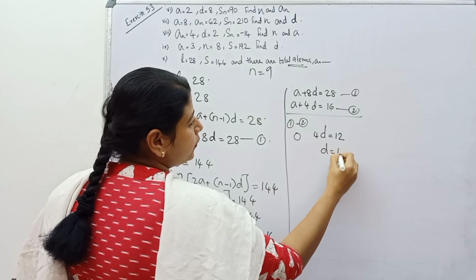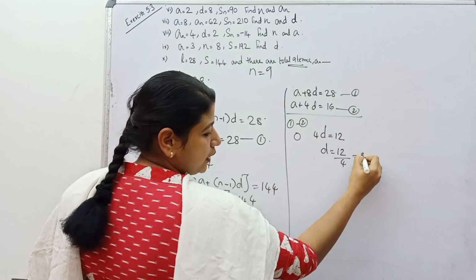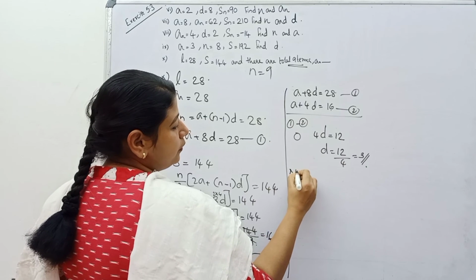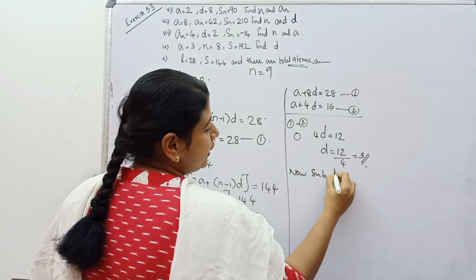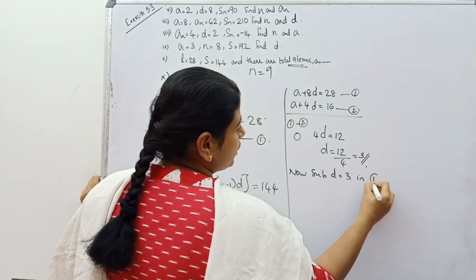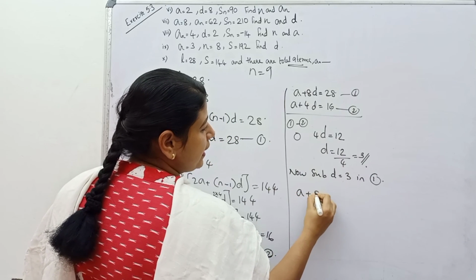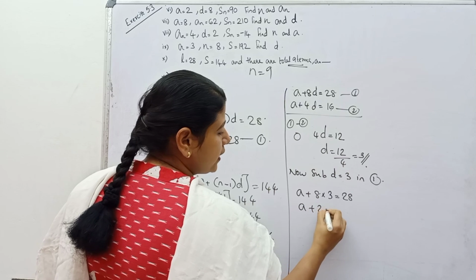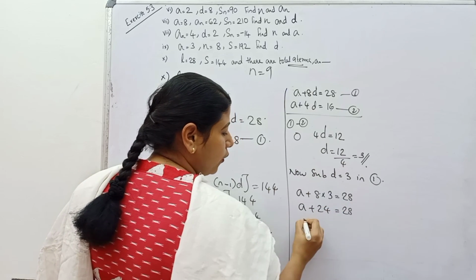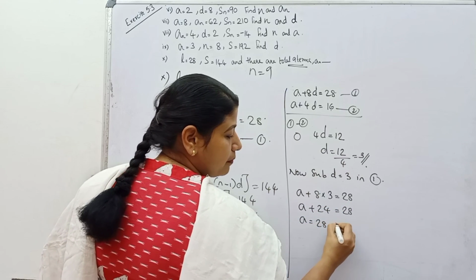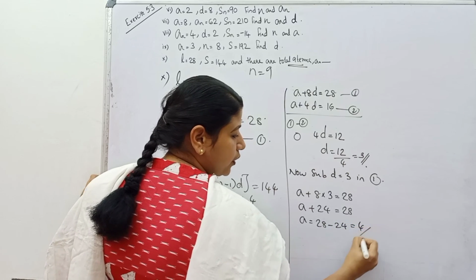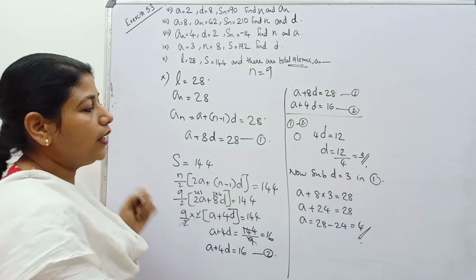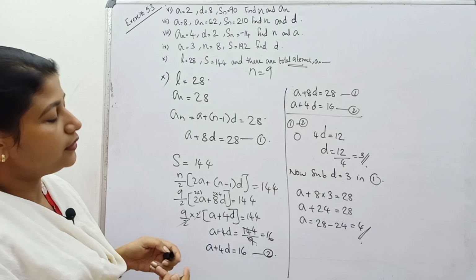So d equal to 12 by 4, which is equal to 3. Now substitute d equal to 3 in the first equation. So we will get a plus 8 into 3 equal to 28. That is a plus 24 equal to 28, or a equal to 28 minus 24, which is equal to 4. So the first term a is 4 and the common difference is 3.